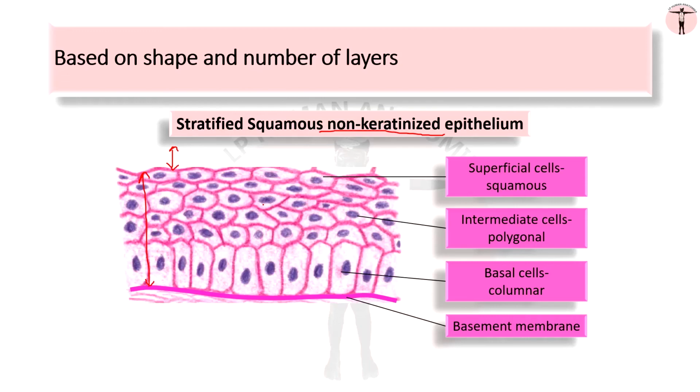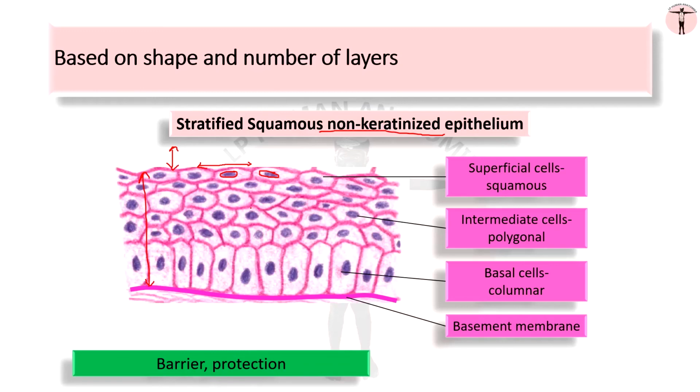Because all the surface cells have nuclei, they are living cells, and the cells are moist on the surface. It is not dry as in the keratinized epithelium. It is moist.